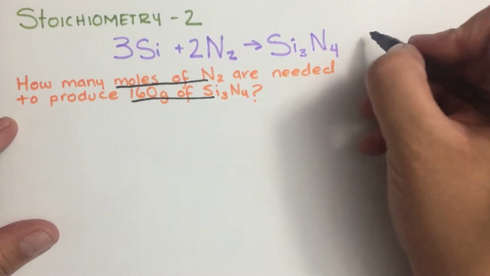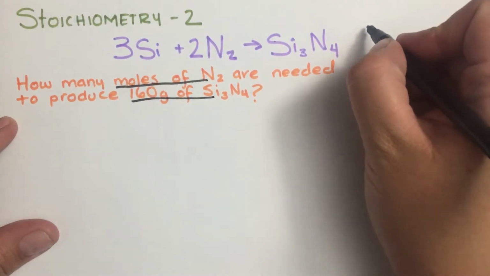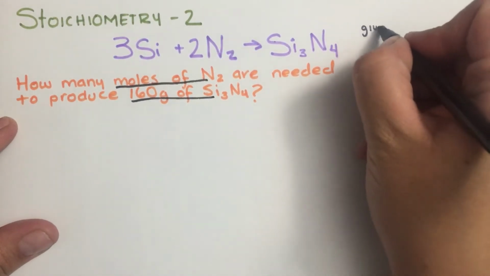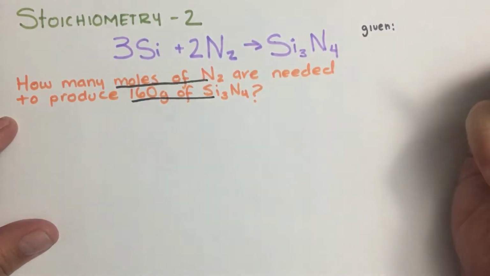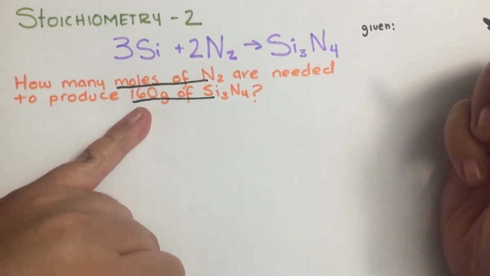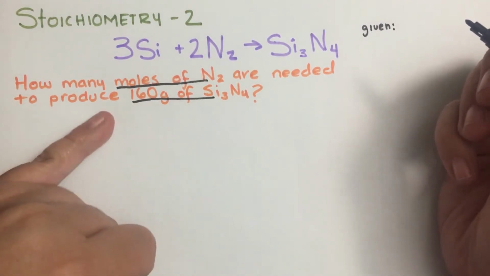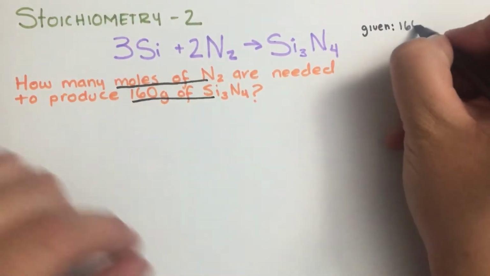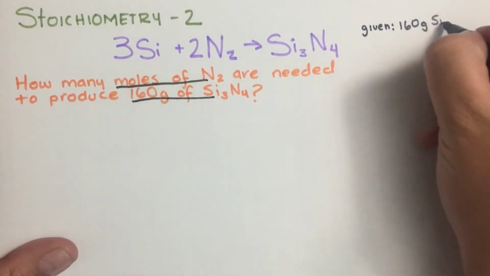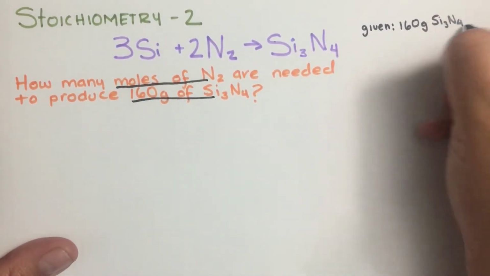So let's go ahead and provide our given and our goals, okay? So information that you have: you know that you have 160 grams of trisilicon tetranitride. You want to produce that. So 160 grams of Si3N4.